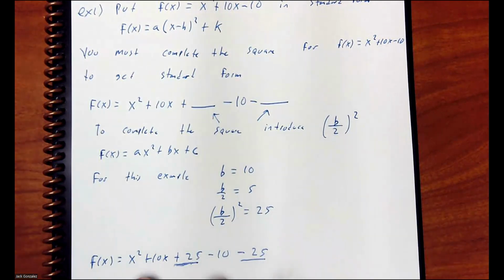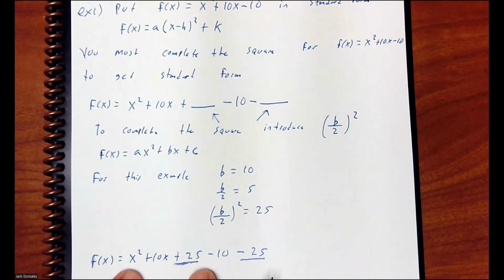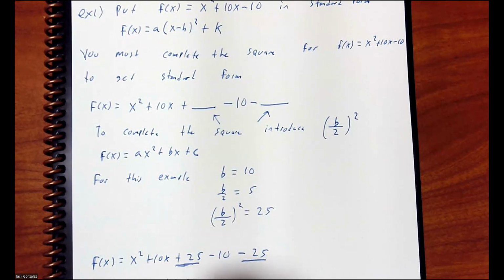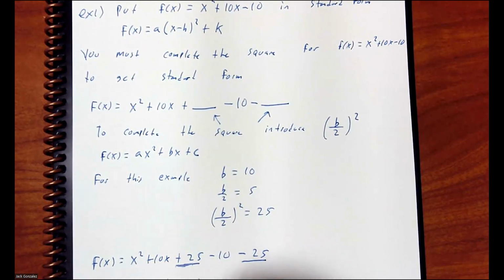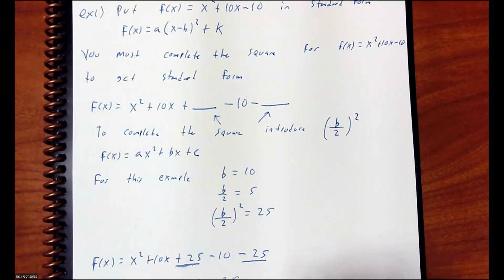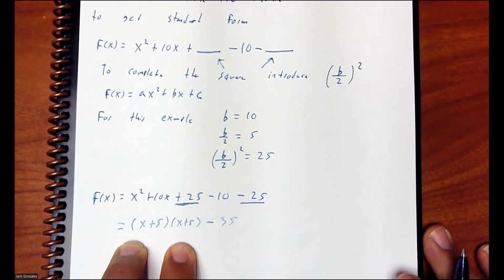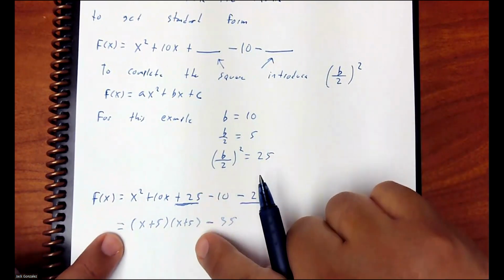So the idea at this point is that the first three terms are going to factor perfectly. This right here, if you try to factor, it's going to be, and then this number will just be some number. Okay. That makes sense? You just factor the first three there.